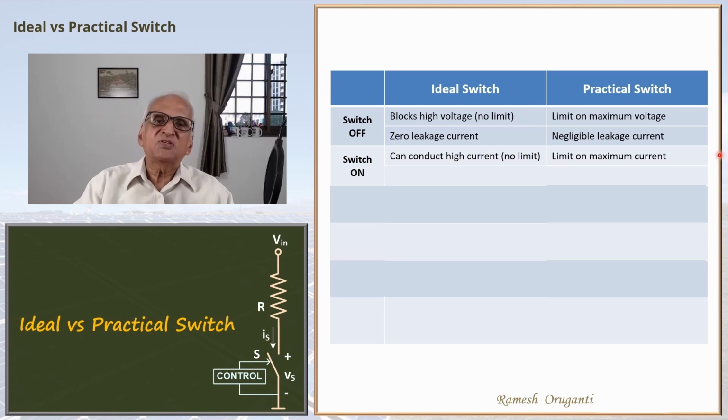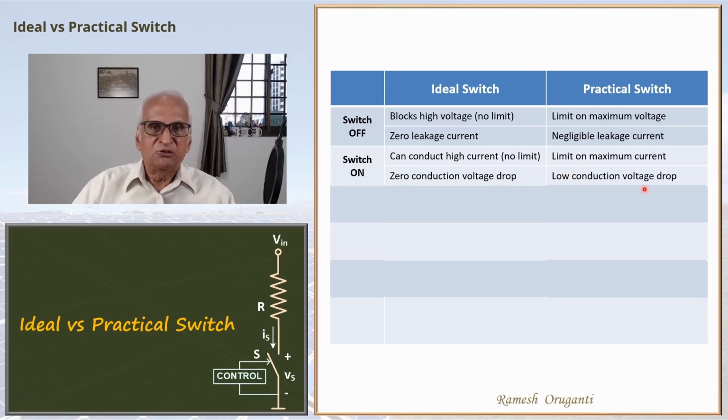Also, when the switch is conducting, the voltage drop across the switch, as we saw, in an ideal switch is taken to be zero. In a practical switch, the voltage will be very small, 2 volts, 1 volt, but never zero. Next, the switch transition.